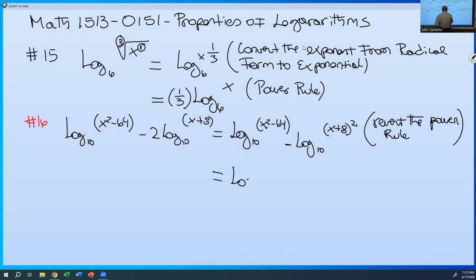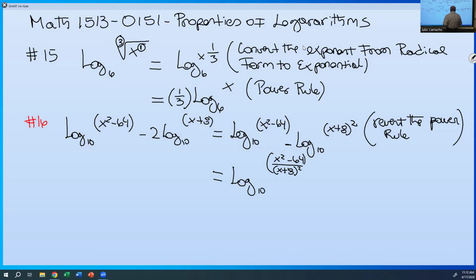So you have a log base 10, and then my numerator will be, let me put in one parenthesis, x squared minus 64, and my denominator is x plus 8 squared.